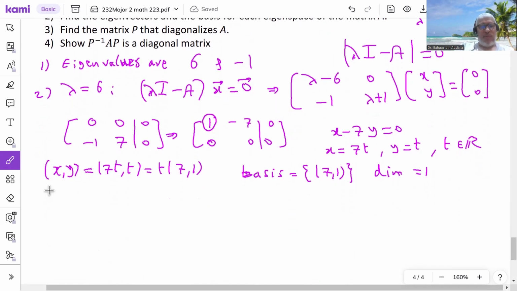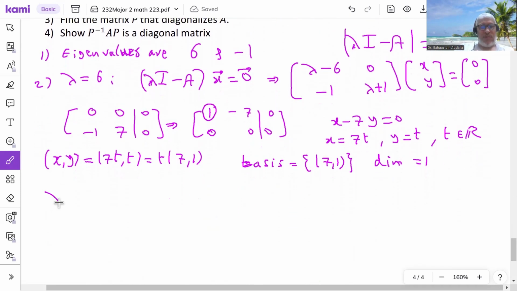Now, if lambda is negative 1, then I'll have negative 1 minus 6, 0, negative 1 plus 1, and 0, 0.